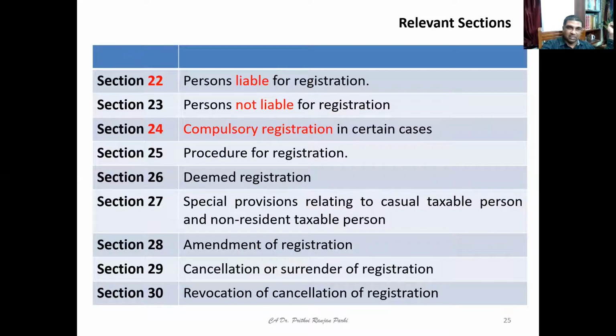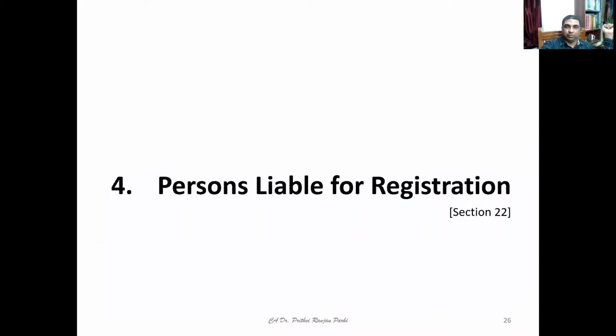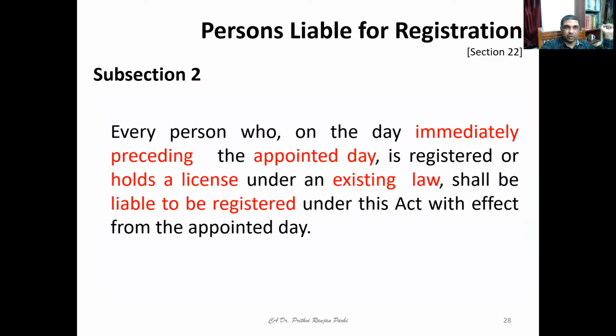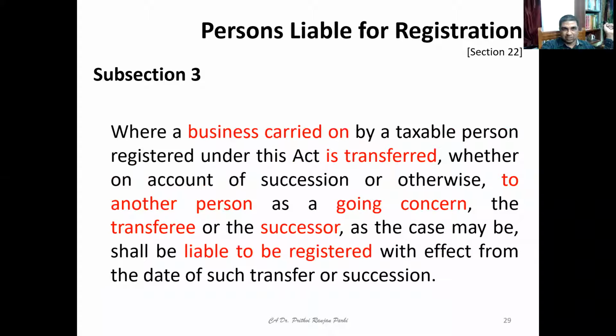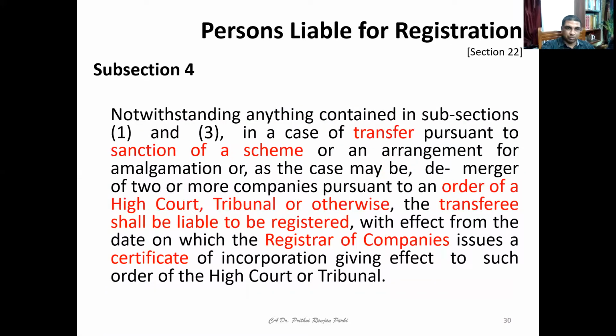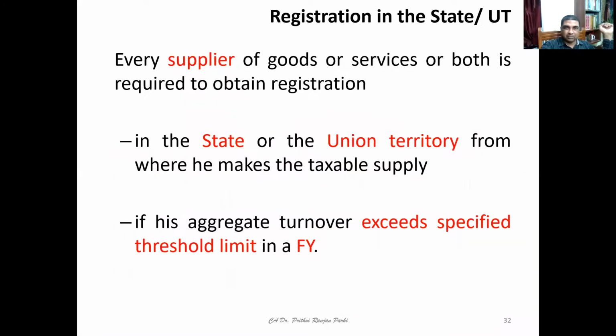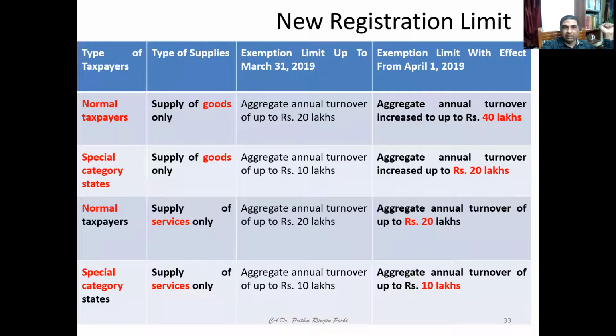As you can see in the list, persons liable for registration is described in section 22. There are certain subsections. We'll be understanding each one of them: subsection 1, subsection 2, subsection 3, different situations, subsection 4. And there are some explanations to it.